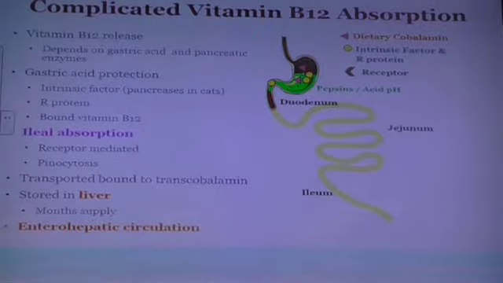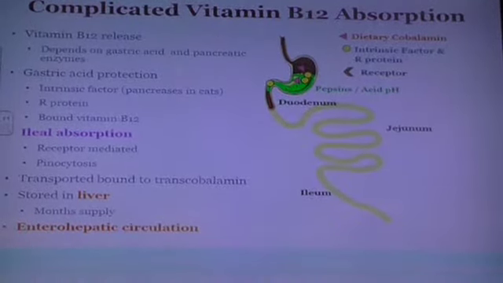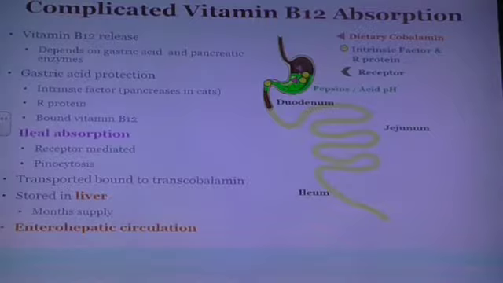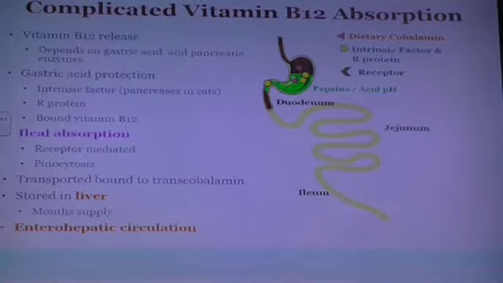In the blood, they need a carrier to carry vitamin B12, and that carrier is called transcobalamin. It goes to the liver, and the liver stores vitamin B12.